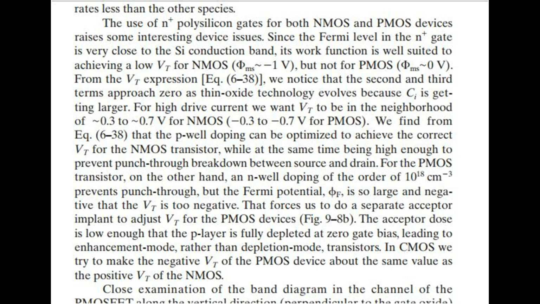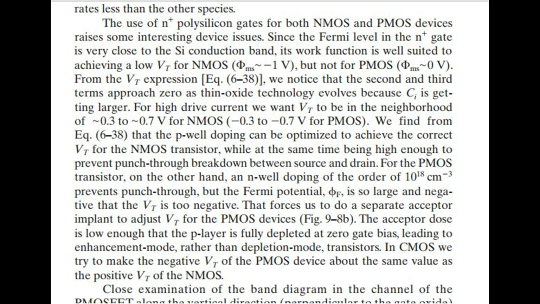That forces us to do a separate acceptor implant to adjust threshold voltage for the PMOS devices, Fig 9.8b. The acceptor dose is low enough that the P layer is fully depleted at zero gate bias, leading to enhancement mode, rather than depletion mode, transistors. In CMOS we try to make the negative threshold voltage of the PMOS device about the same value as the positive threshold voltage of the NMOS.